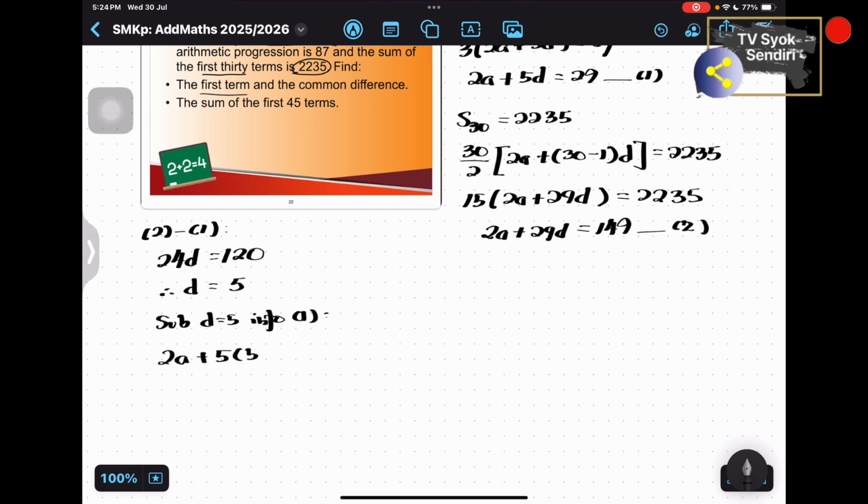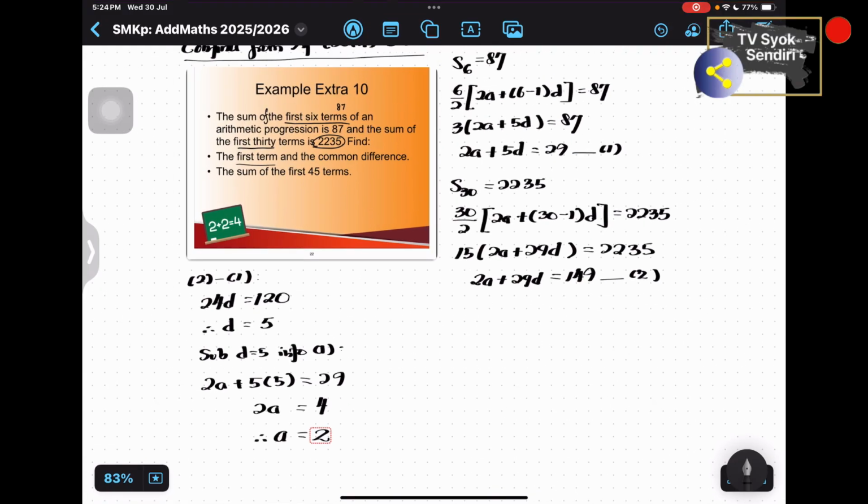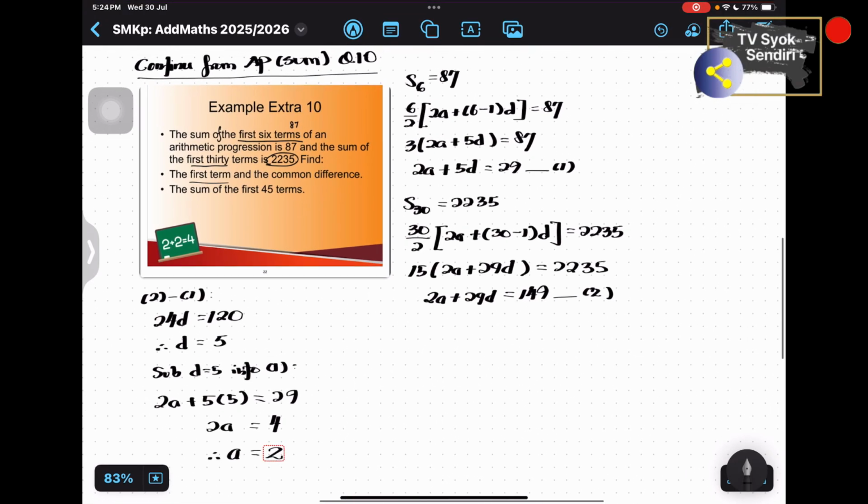So 2a plus 5 multiplied by 5 equal to 29. So that means my 2a is equal to 4 because 29 minus 25. Therefore, my a is equal to 2. So I managed to get the question done. This is how we get from the formula or the information until we get d equal to 5 and a equal to 2.